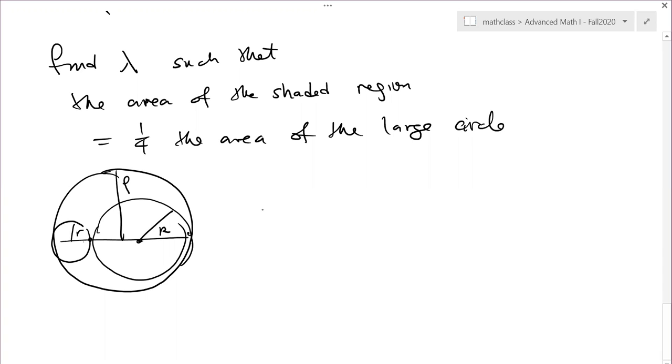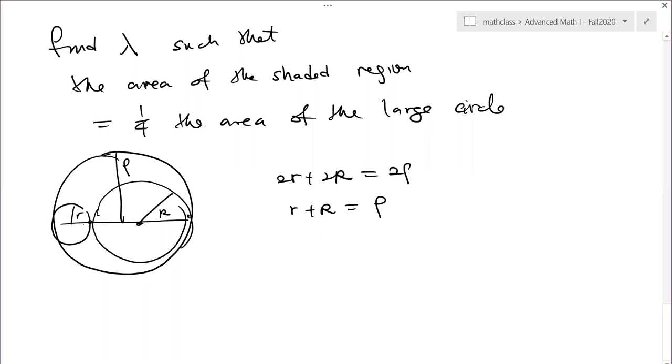So, okay, what do we get here? So 2r plus 2 kappa is going to be 2 rho. Okay, so rho is fixed. The diameter of the largest circle is 2 rho, and it is the sum of the diameters of the small circle and the circle in the middle size.